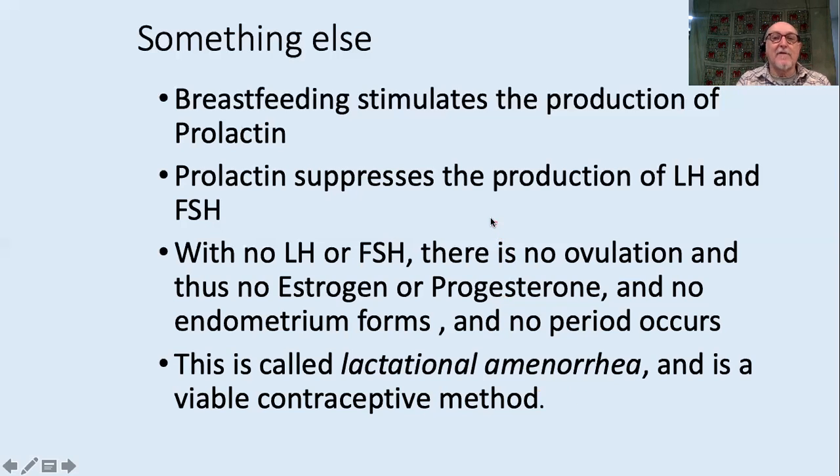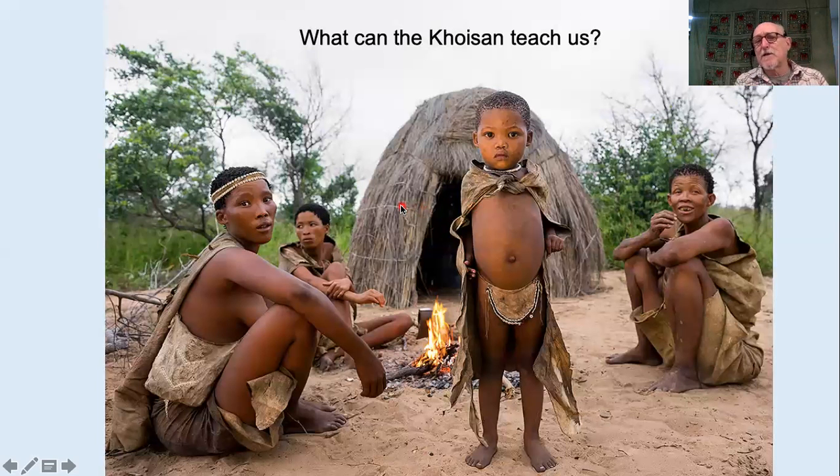This is of considerable interest, because it seems like as long as you're breastfeeding, you are producing prolactin, and you should be able to suppress the production of luteinizing hormone, etc. So why didn't this work? Why did it fail so often?